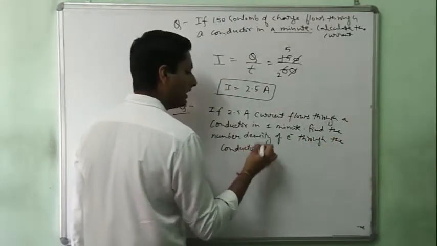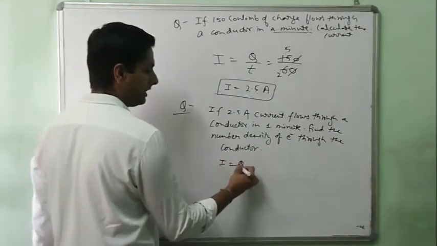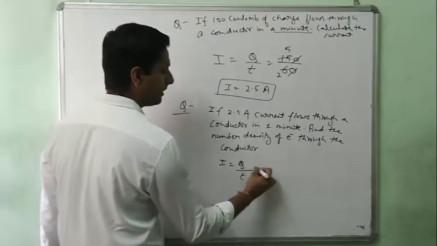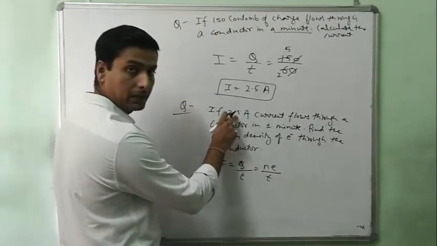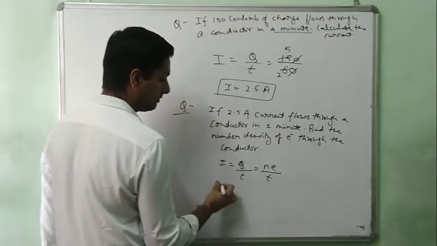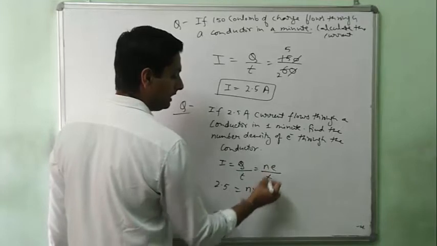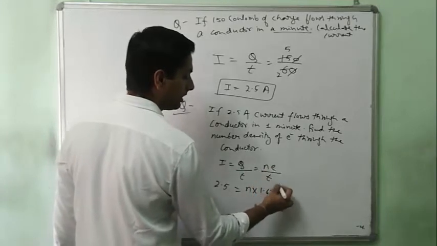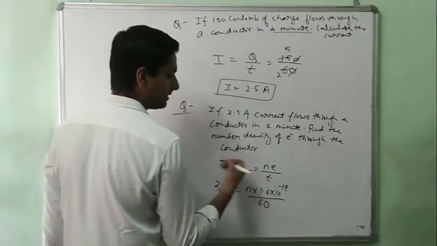That is, you have to find n, that is the number of electrons. So current was Q by T and Q can be written as Ne by T. So I is given in amperes, there is I. So I becomes 2.5 is equal to n, we don't know, e, we know 1.6 into 10 to the minus 19, divided by T is 1 minute, that is 60 seconds.